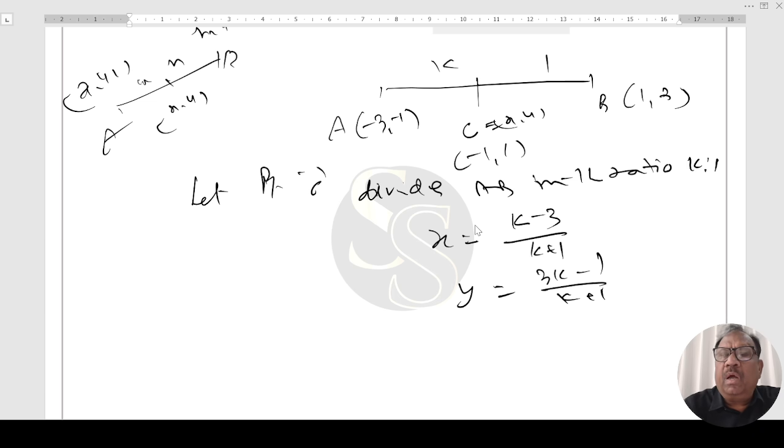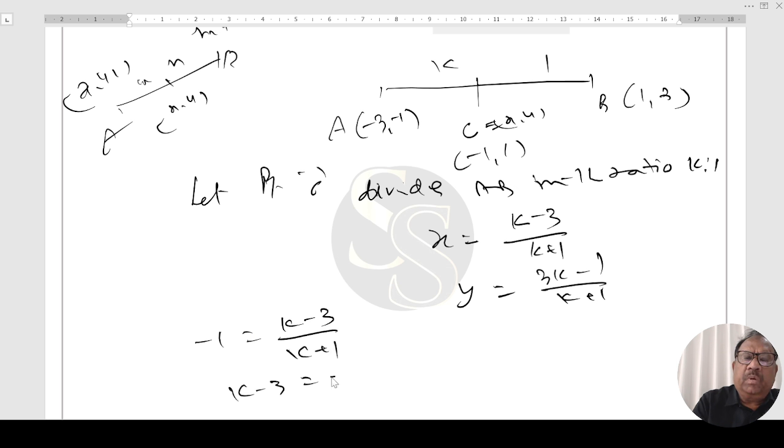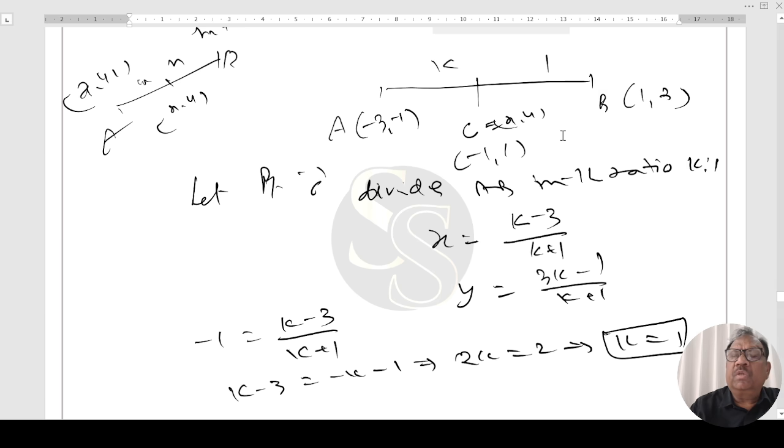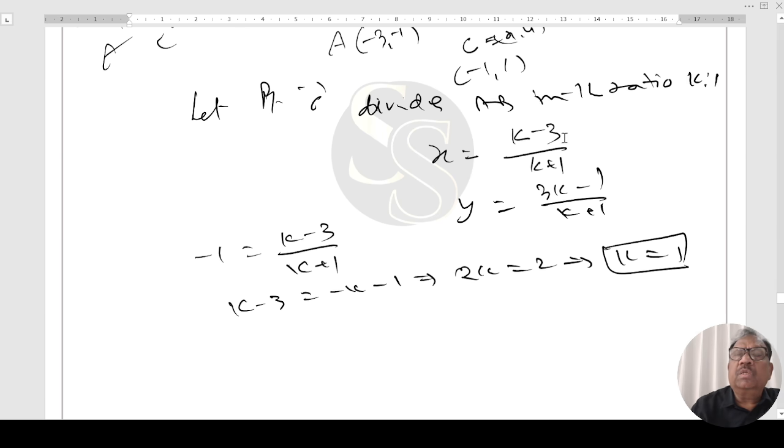If k is positive, internal division; if k is negative, external division, right? Now, minus 1 equal to (k minus 3) upon (k plus 1). K minus 3 equal to minus k minus 1, that is 2k equal to 2. K comes out to be 1.